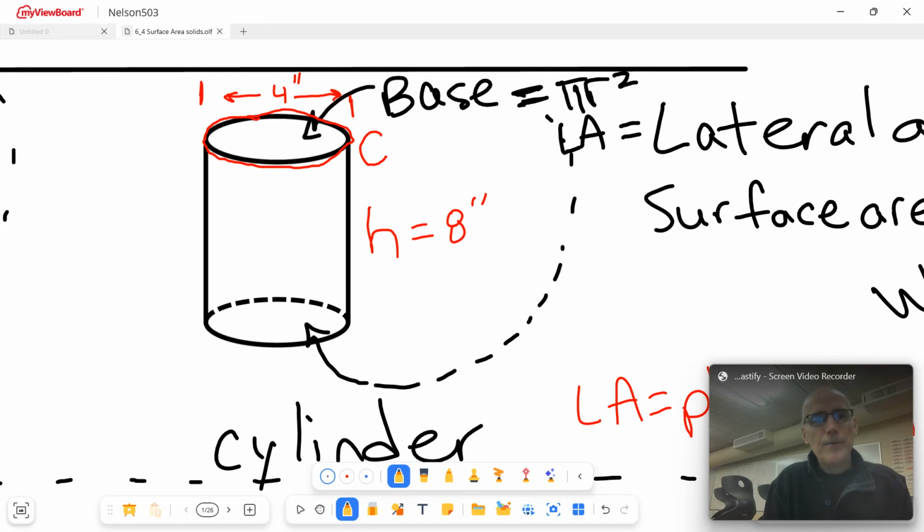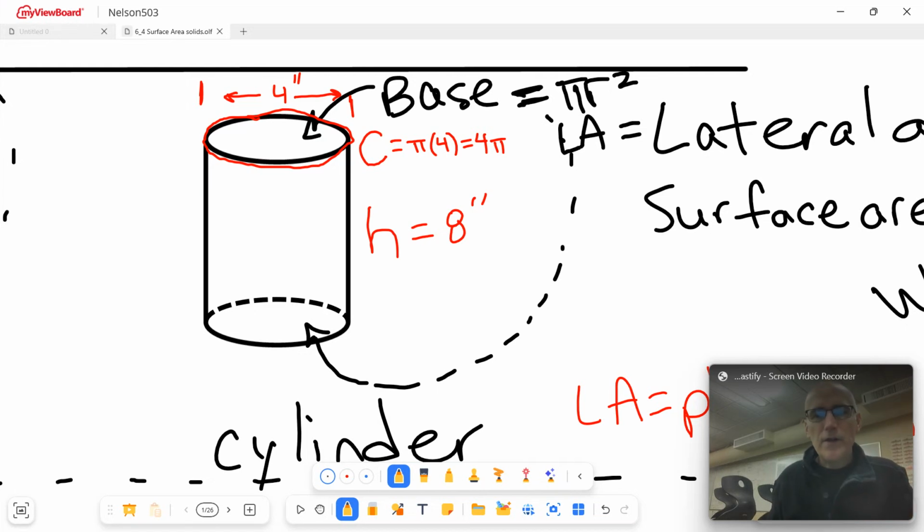All right, so let's figure out the circumference right now. The circumference would be pi times 4 inches, because it's pi times diameter, right? So usually we put the number in front of the pi, so I'm gonna put 4 pi down. So that's the circumference. That's this distance right here, all the way around.